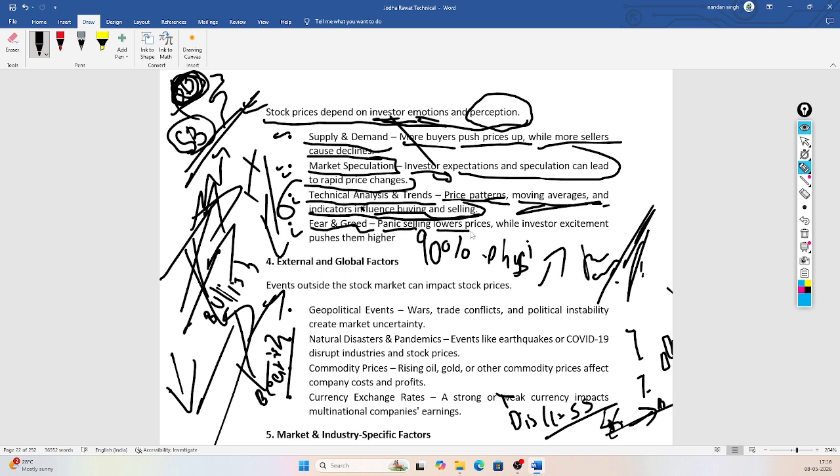Panic selling lowers prices, while investors' excitement pushes them higher. What does fear and greed mean? It means panic, very much panic.